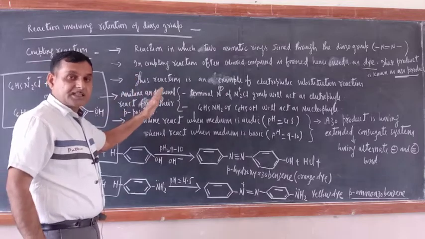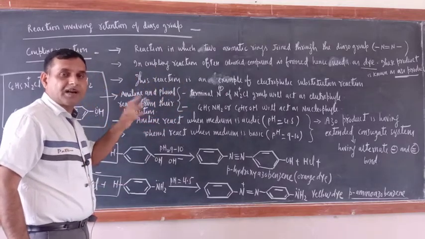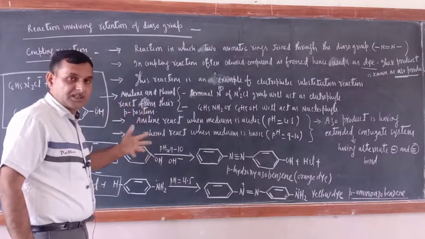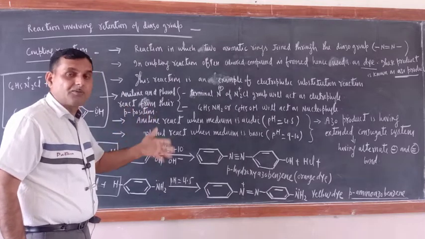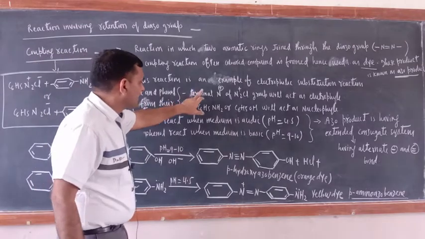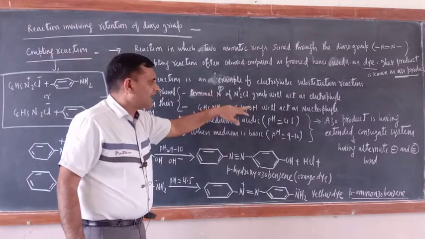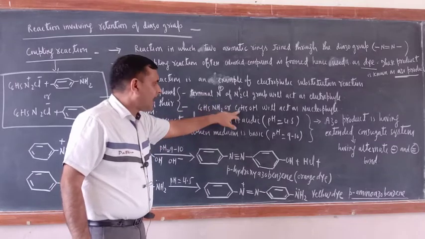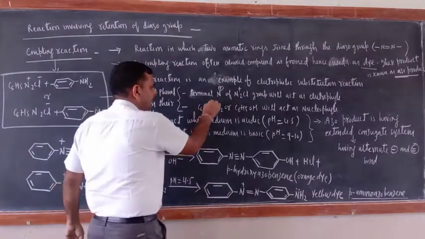Now this reaction is an example of electrophilic substitution reaction. So whenever there is electrophilic substitution, one should act as an electrophile, the other should act as a nucleophilic center. So just see, the terminal nitrogen of the N2Cl group will act as an electrophile, while aniline or phenol will act as a nucleophile. In aniline what is there?